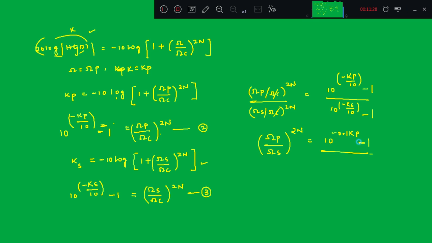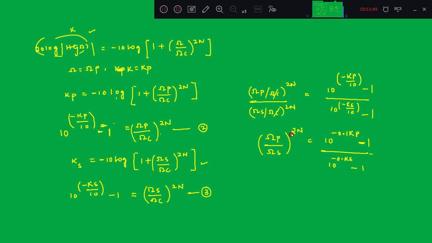You have to be very careful while writing the minus 1 here. It is not 10 raised to minus 0.1 kp minus 1 in the exponent; the minus 1 is outside the power.